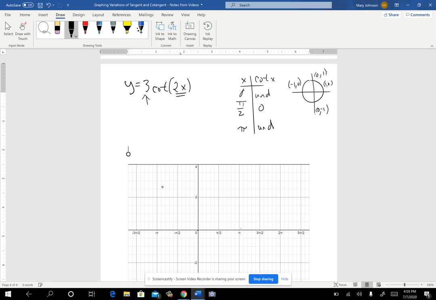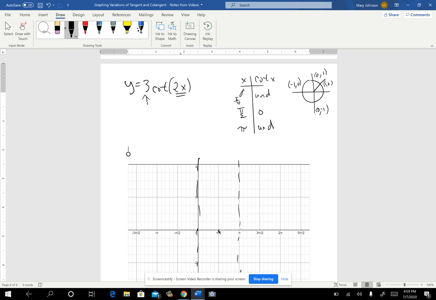And then we wound up getting these in-between values of pi over 4. So here it was undefined. We had an asymptote. Here we wound up having an asymptote. Here it was 0.